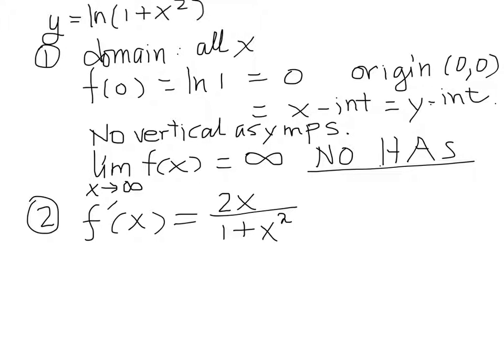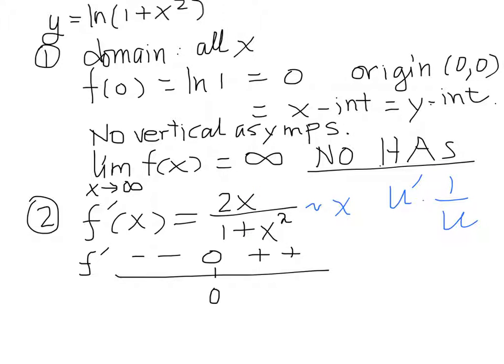The derivative is given by u prime over u, the chain rule for log of u, and that's 2x over 1 plus x squared. Okay, so the critical value here, well, the denominator is always bigger than 1, so the only critical value is at x equals 0. That's where 2x is equal to 0.